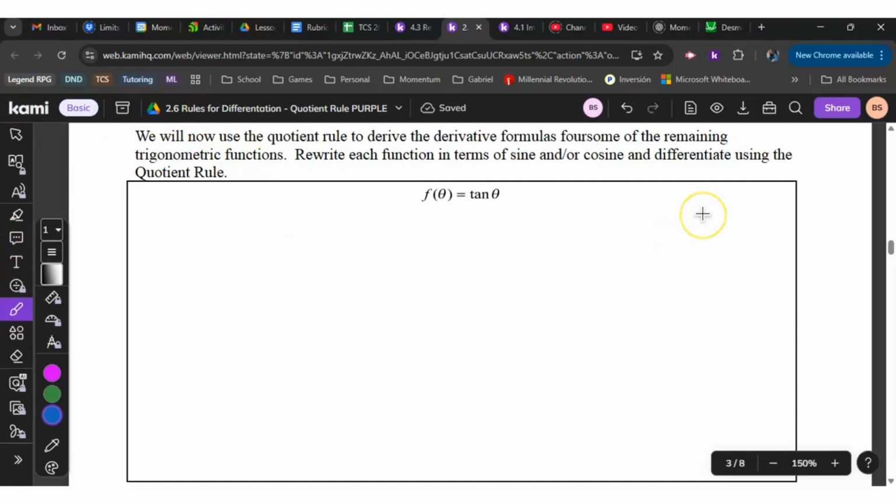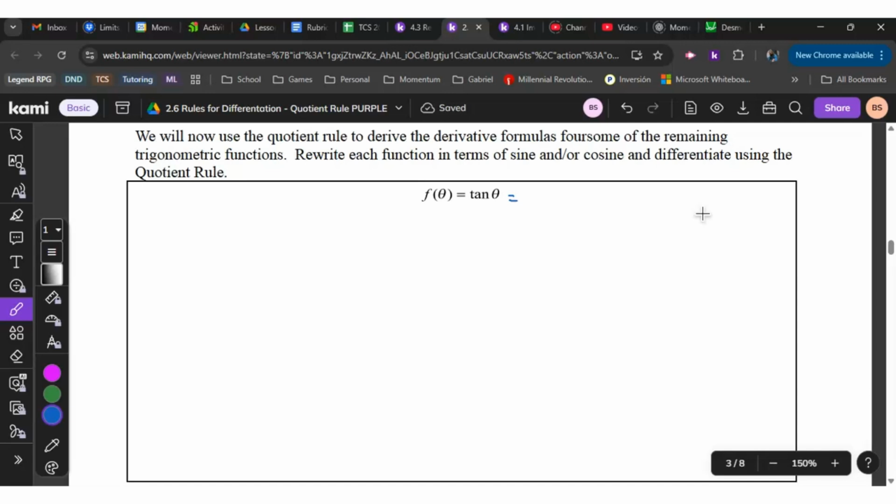All right, so let's use the quotient rule now to derive a couple of these things. In order to do this one, I need to rethink about what tangent really is. What is tangent really? If we break it up into sine and cosine, what is it?